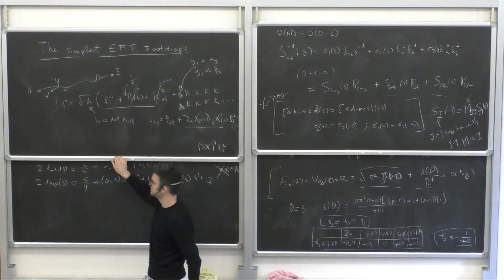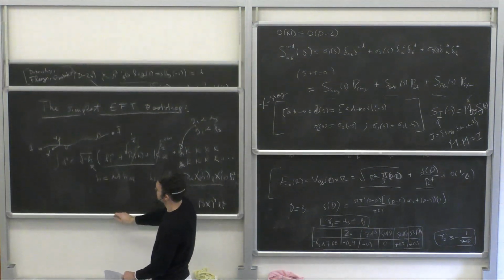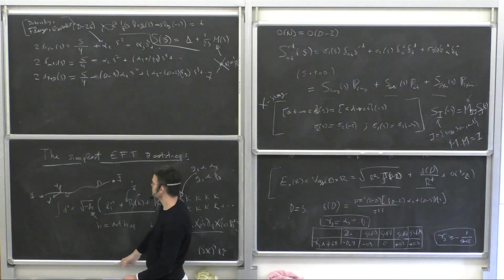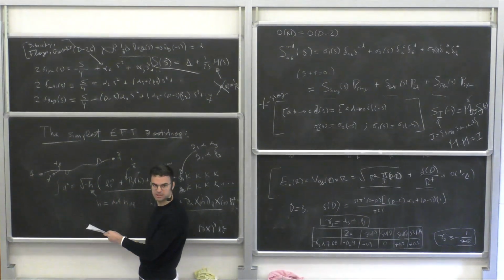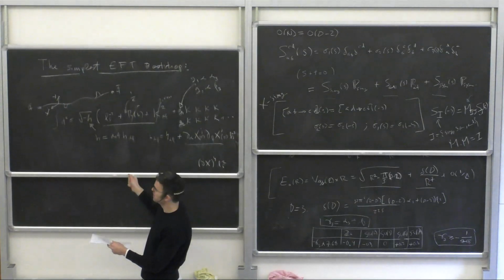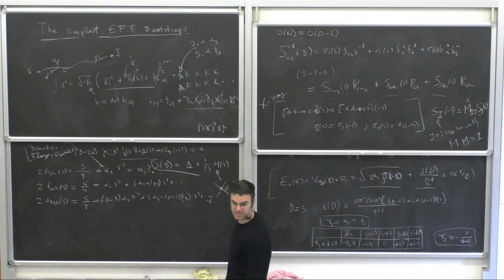And the way you see it in this system is because all the one loop corrections are universal, regardless of the number of external legs.